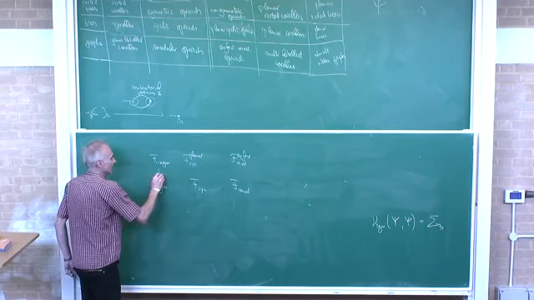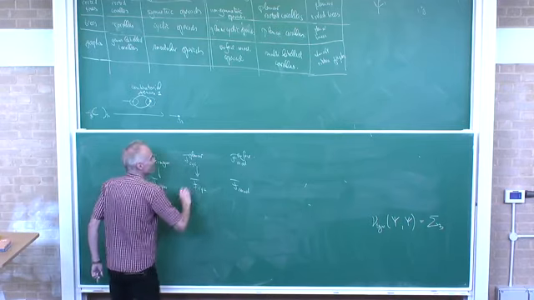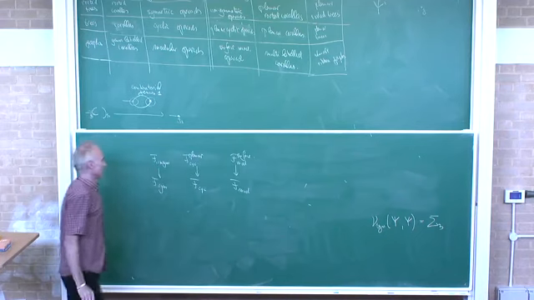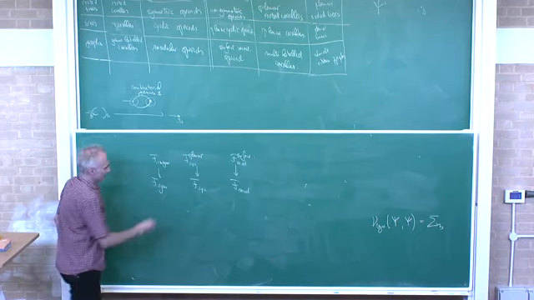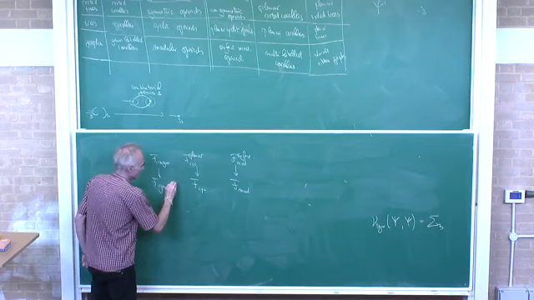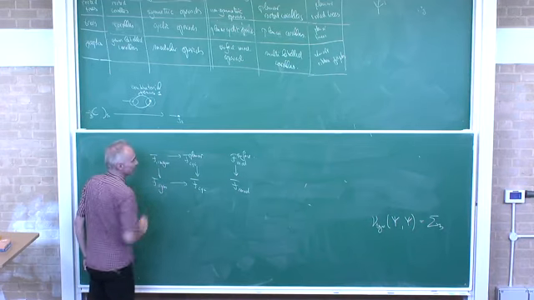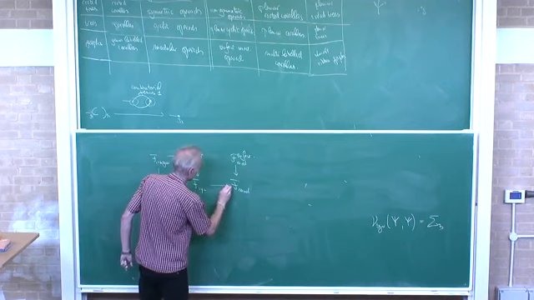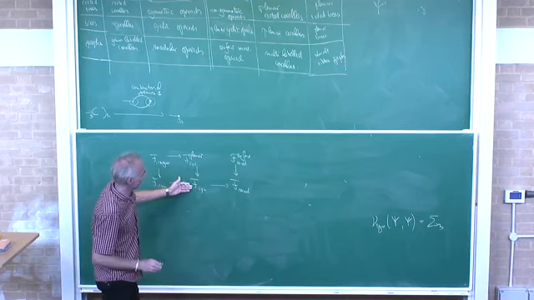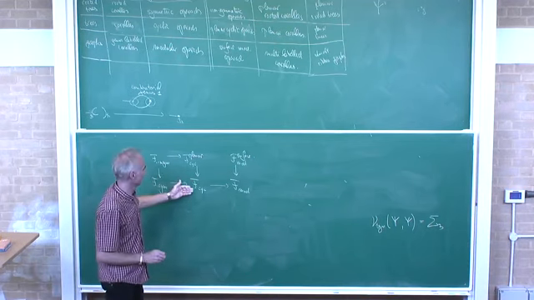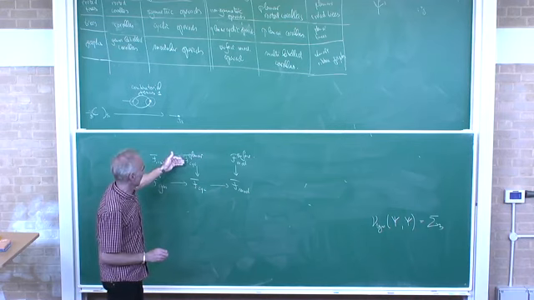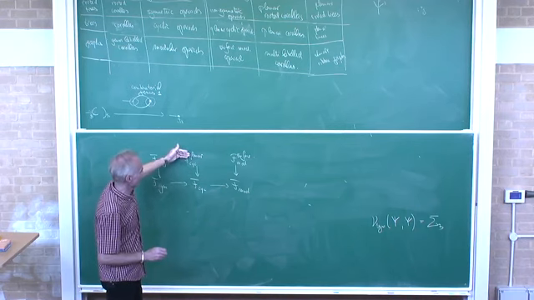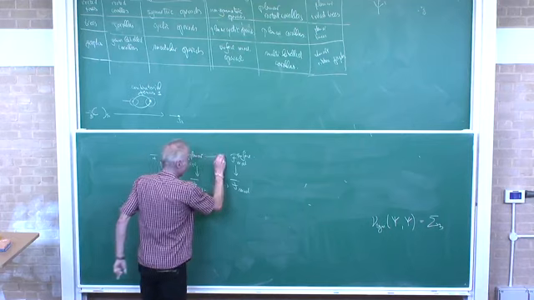You have forgetful functors here, and here also. And these are more inclusion functors. So each tree is a graph, and each rooted tree, so you have these functors here.